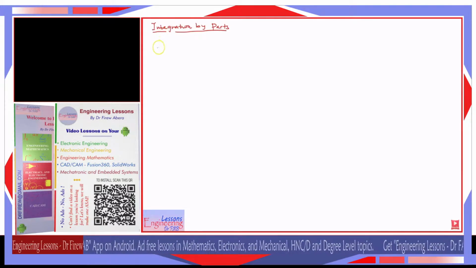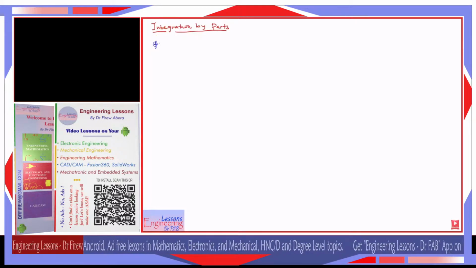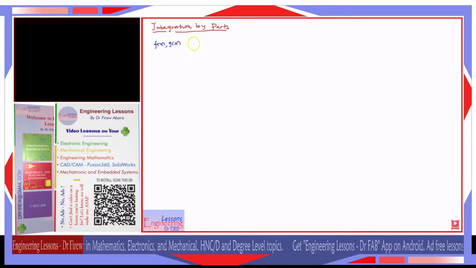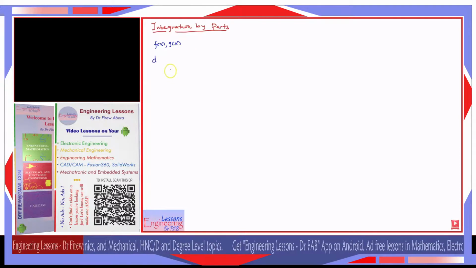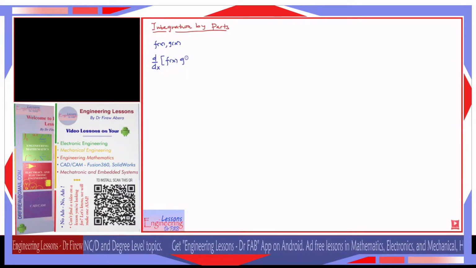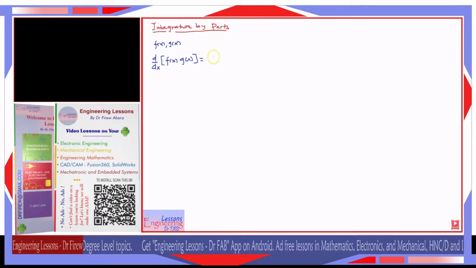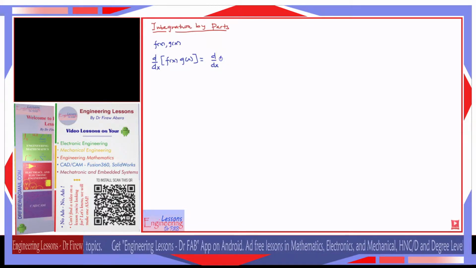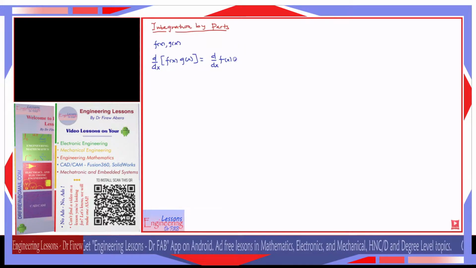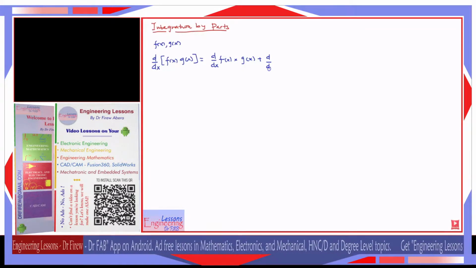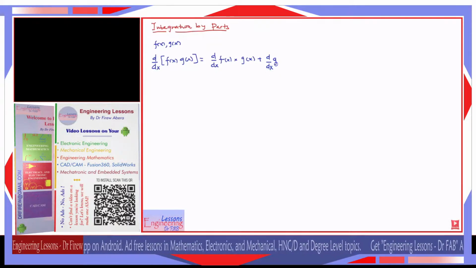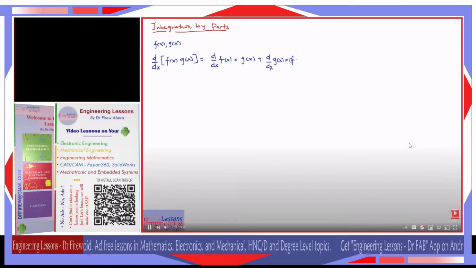If you have a product of two functions, let's say f of x and g of x, both dependent on variable x, the derivative d by dx of the product f of x times g of x is given as d by dx of f of x times g of x, plus d by dx of g of x times f of x.